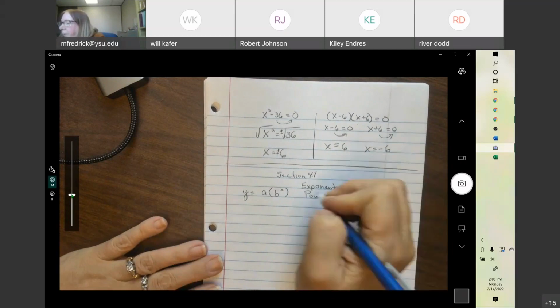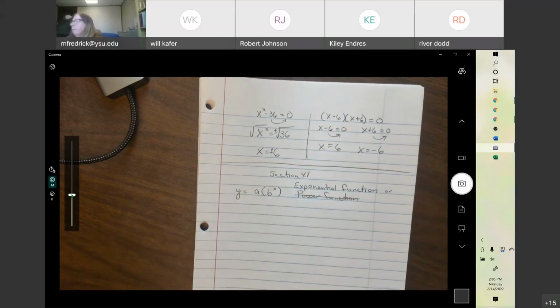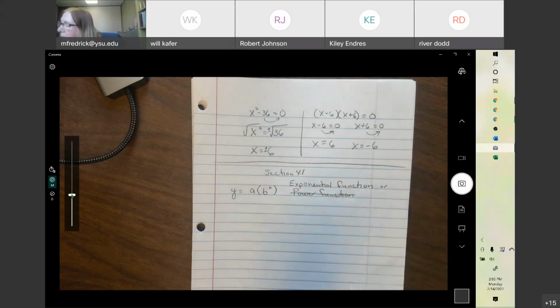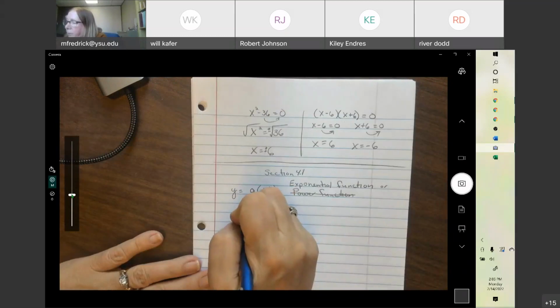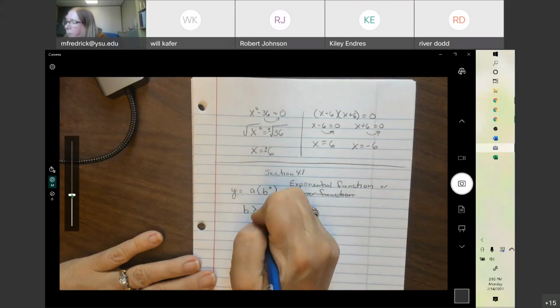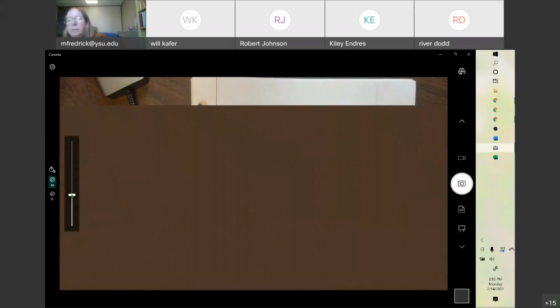I think your book mainly uses exponential once we hit this section. What happens is it grows really fast. So if your b is greater than 1, it's going to increase and grow real fast.